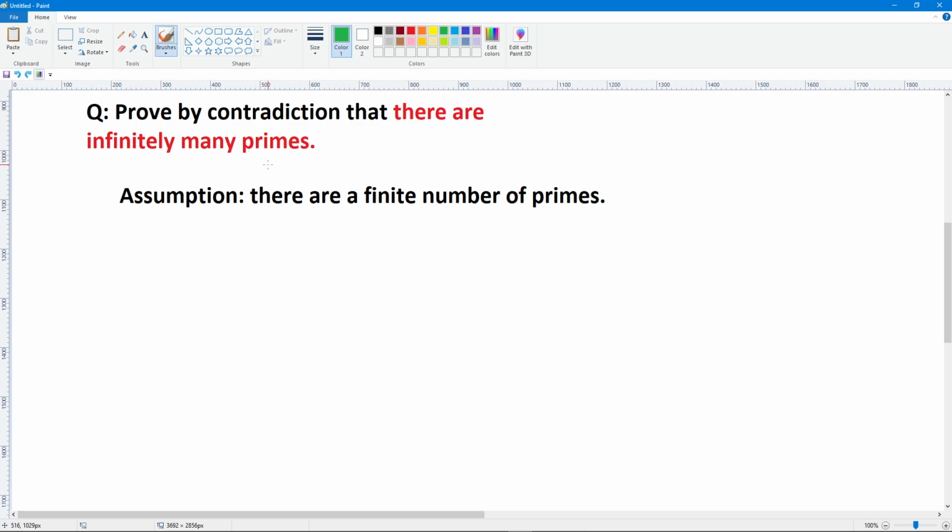Well, the way we tackle this proof is a bit different from how we tackled the last proof. Basically, if there's a finite number of primes, then there has to be a smallest prime and a largest prime. So let's call the smallest prime n1, and let's call the largest prime nn.